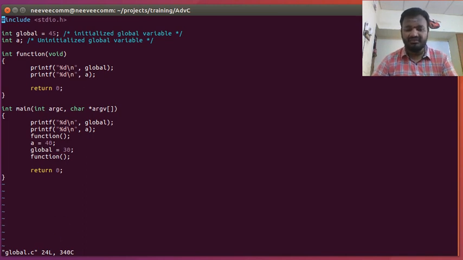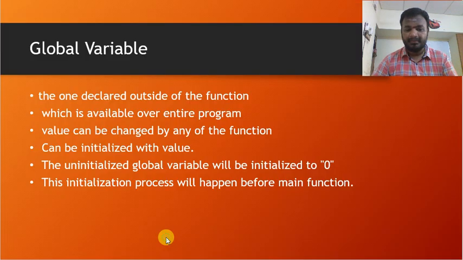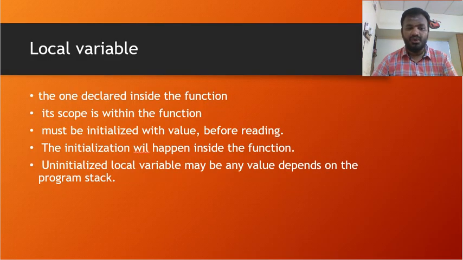The next one we can look at is the local variable. The local variable is the one which is declared inside the function. Its scope is within that function, and it must be initialized with a value before reading; the initialization happens inside the function.